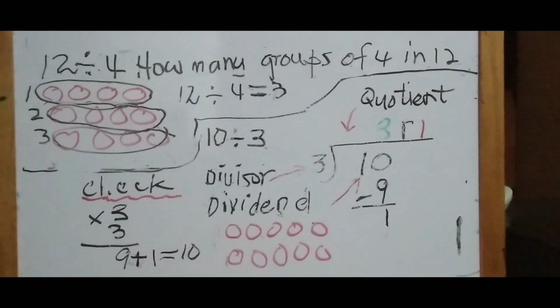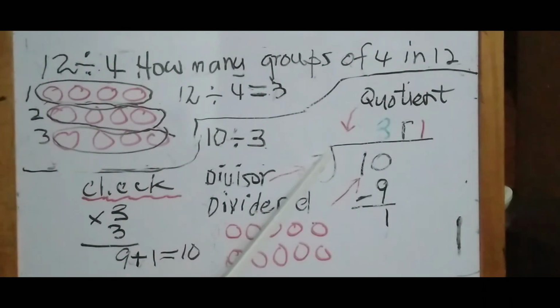Alright? Now, let's go on to this set down here. We have 10 divided by 3. Same thing you're representing over here. Now, when we are going to set out a division problem, this is the symbol that we use.